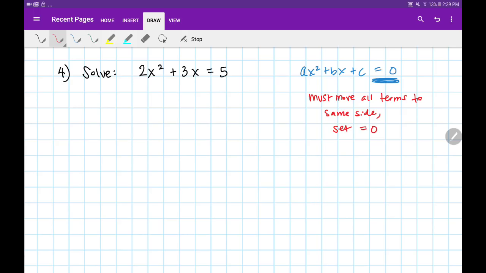So I need to get rid of this 5 over here. The way I'll do that is by subtraction. And lining up my like terms, I just get 2x squared plus 3x minus 5 equals 0.